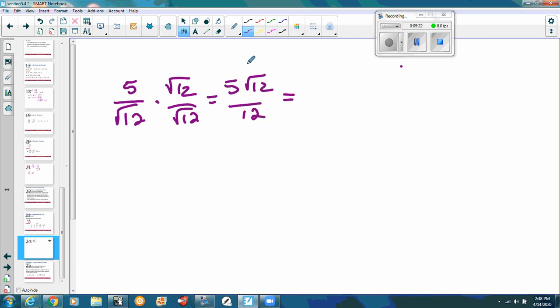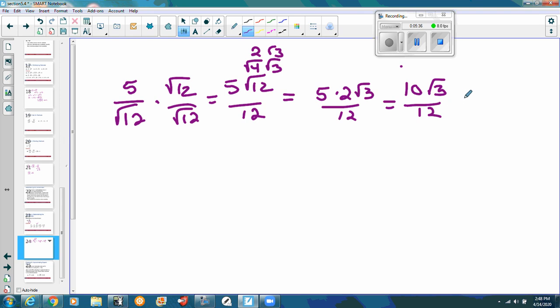So radical 12 can become radical 4 and radical 3, or 2 rad 3. So now I have 5 times 2 rad 3 over 12. So that becomes 10 radical 3 over 12, and then I reduce it. So I divide them both by 2. I can't do anything to the radical 3, so my answer is 5 rad 3 over 6. The only thing that divides a radical is another radical.